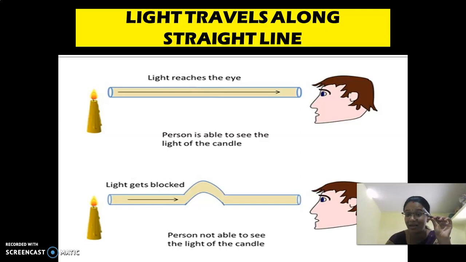Consider this as a straight tube. I am going to place a candle and see it through the hole. And then I am going to take a bent tube and look. I am not able to see it in a bent tube because light gets blocked in that bent path.